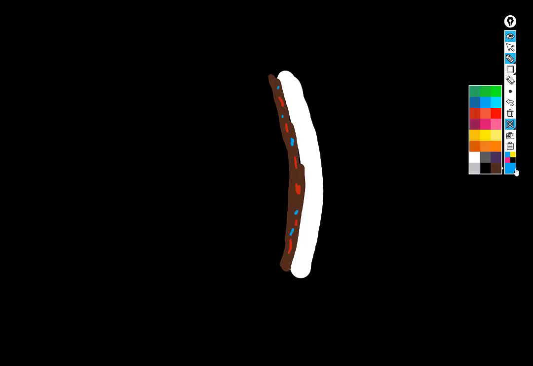And then I'm going to draw myself some choroid. Let's put some blood vessels in there. And now we can start drawing our visual layer.